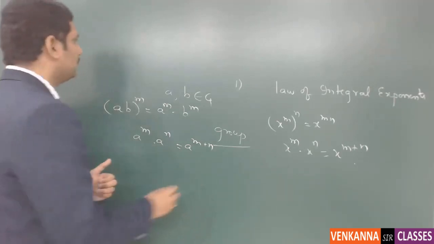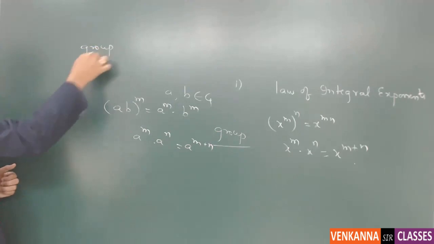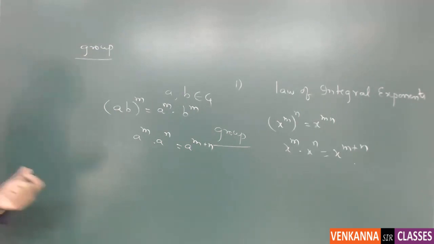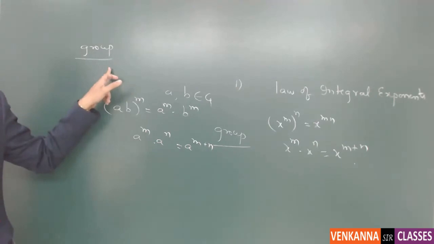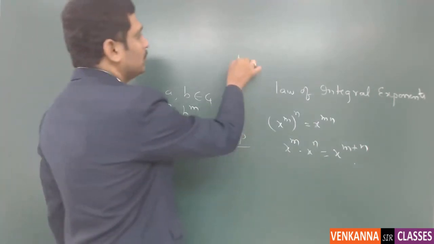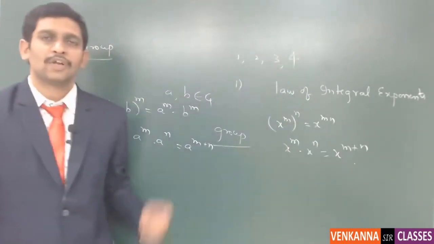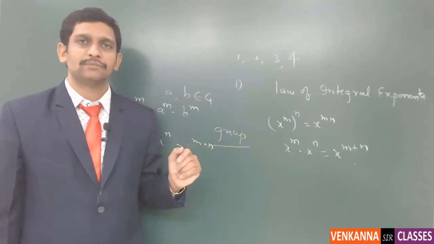Now formally, after defining a group, some kind of definitions will come observing the properties of a group. If you want to prove that a set is a group, we need to verify four properties: closure, associative, identity, and inverse.